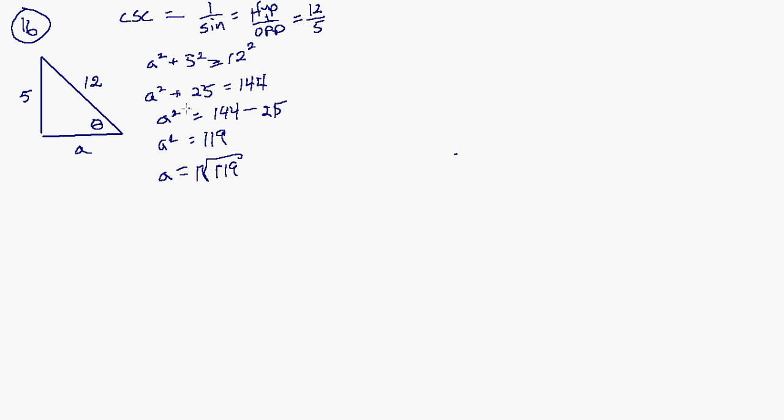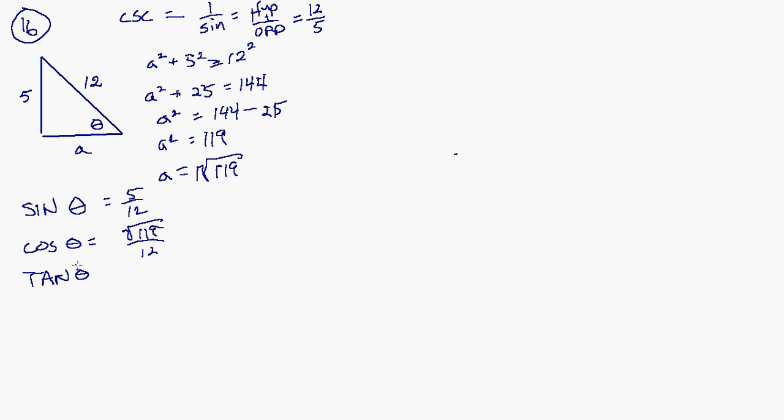We have sine of theta, which is opposite over hypotenuse, that's 5/12. We have cosine of theta, which is the square root of 119 over 12. We have tangent of theta, which is opposite over adjacent.